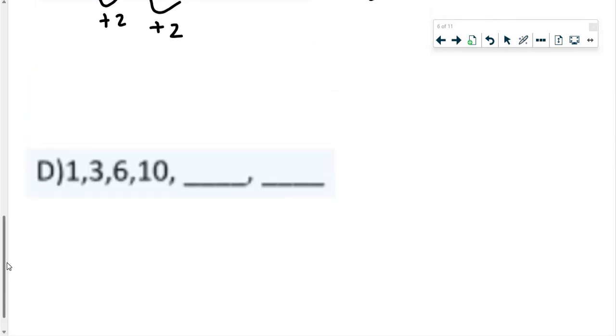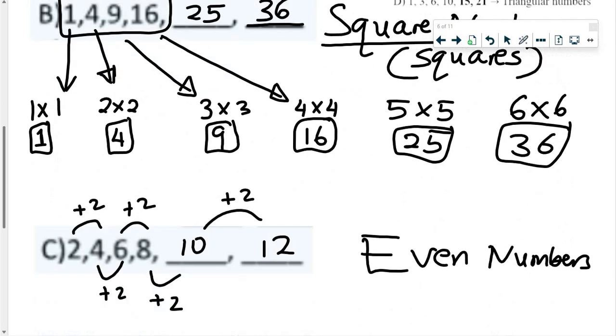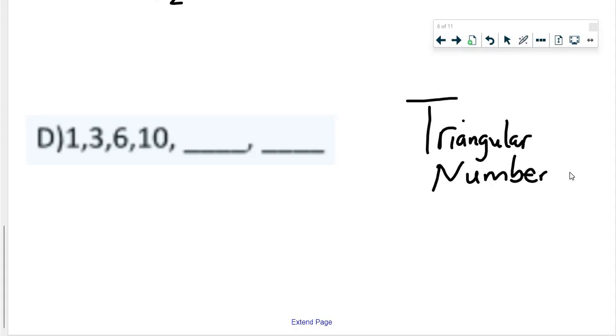The next one. 1, 3, 6, 10. What did we say? We said that is a set of triangular numbers. So you write here, triangular numbers. We have discussed them in the previous video, so if you did not watch the previous video, go back and watch. How was it obtained from one number to the next?